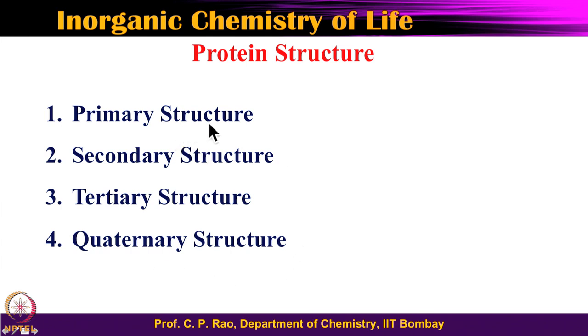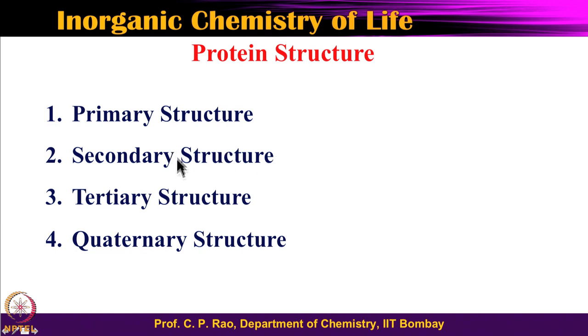So, the primary structure is the one where you connect the amino acids together to make a polypeptide. The secondary structure is the one where such a polypeptide will not stay like a long thread, there will be some kind of structural rearrangements, and these structural rearrangements in various forms I will explain in a while.